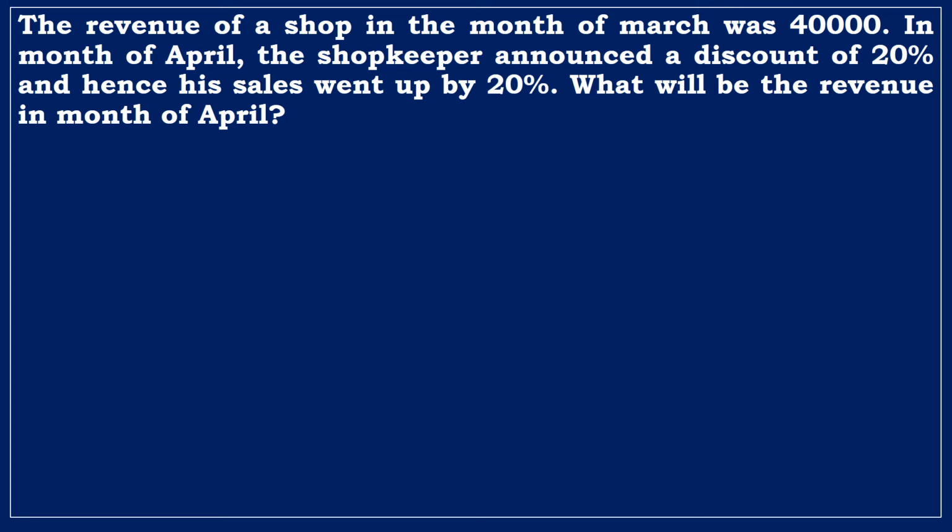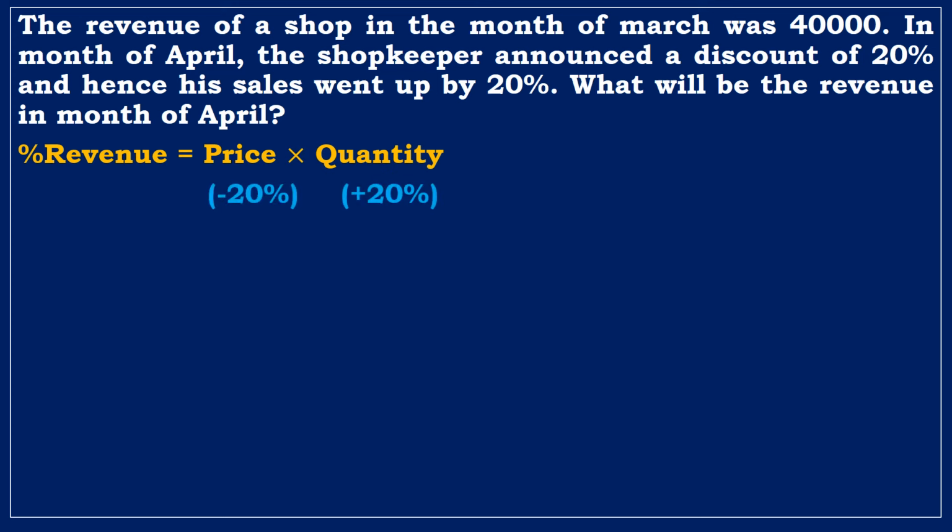What will be the revenue in the month of April? To solve this problem, first, we understand that the sales price has been reduced by 20% discount, which is minus 20%. Sales increased by 20%, which means plus 20%.